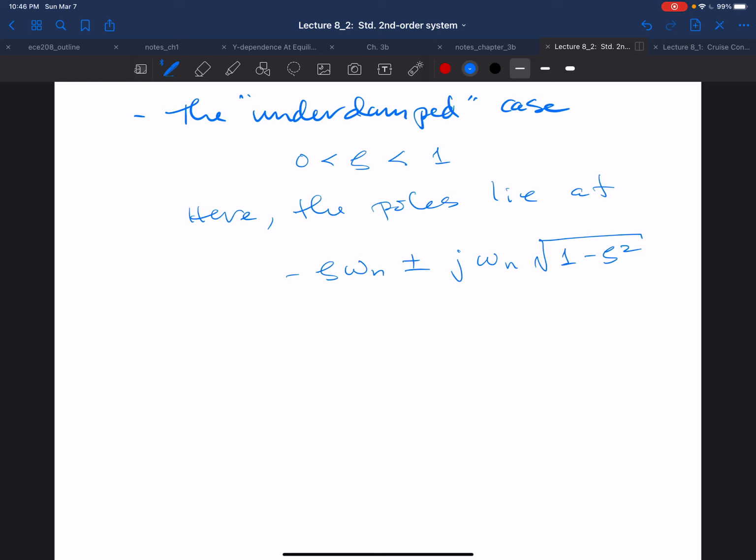So we can find the impulse response in this case. Of course, the impulse response is just going to be the inverse transform of the transfer function itself.